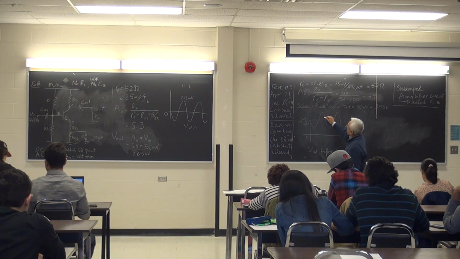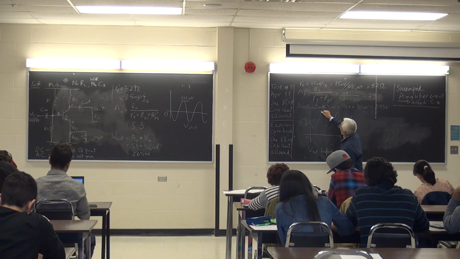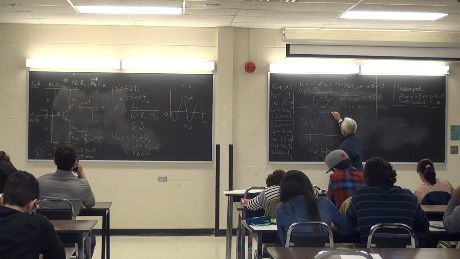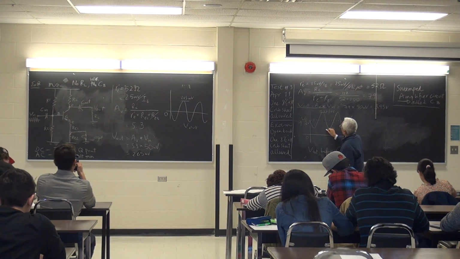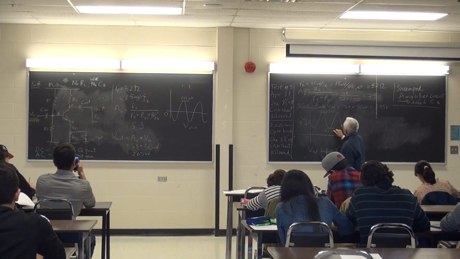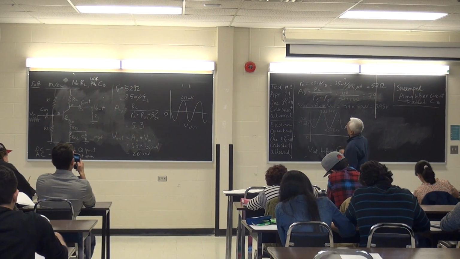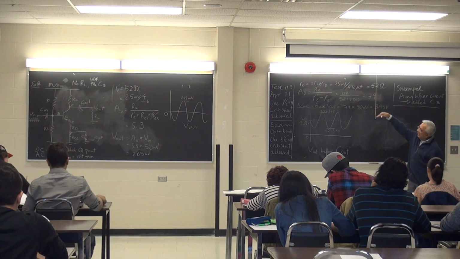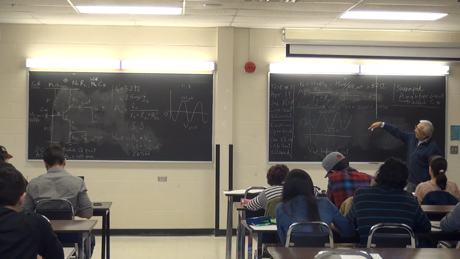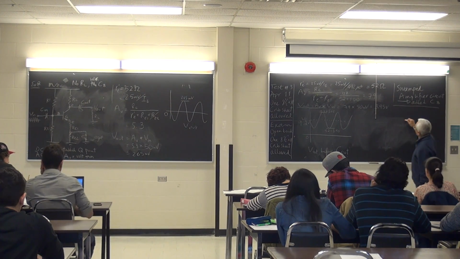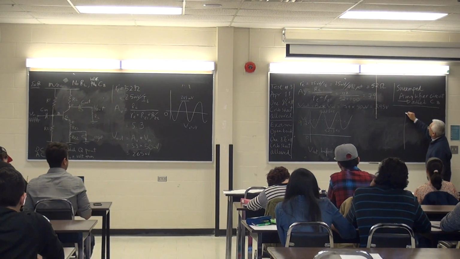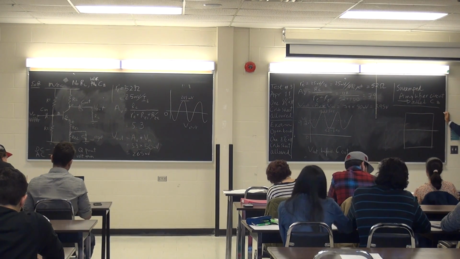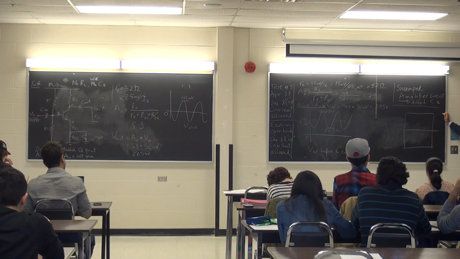So I'm going to be at 9.2. This point is 9.2 plus 3.95. And this point is 9.2 minus 3.95. So 13 volts and 9 minus 4 is 5 volts. So on a scope, this is my scope.